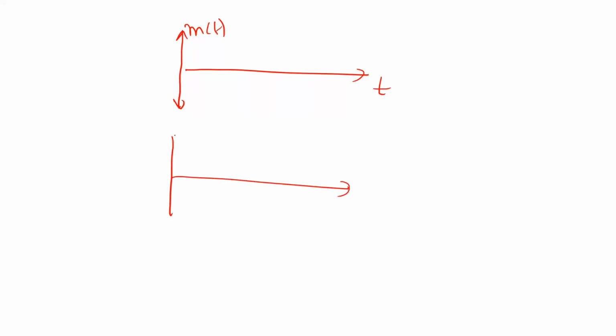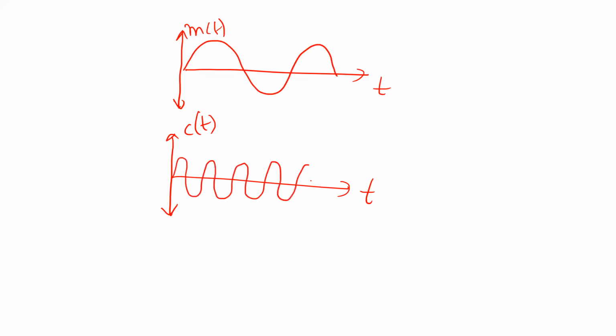For example, we have a message signal, which is always denoted as m(t), and a carrier signal, which is denoted as c(t). Not everyone will denote them the same way, but these are the standard notations. Both of them are sinusoidal signals.